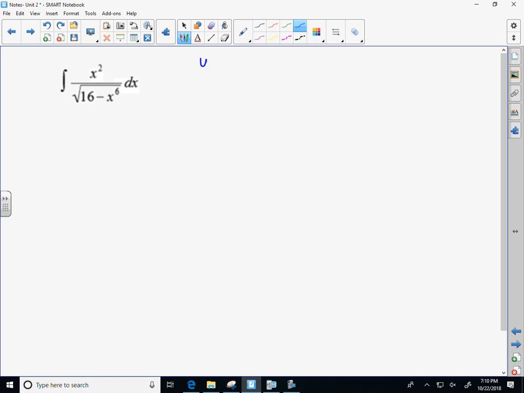Let's say I let U be equal to 16 minus x squared, x to the 6th power. When I take the derivative, I get du equals negative 6x to the 5th dx, which is a big problem because I need to be able to cancel out an x squared dx.